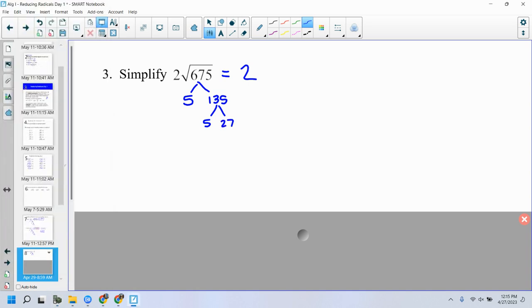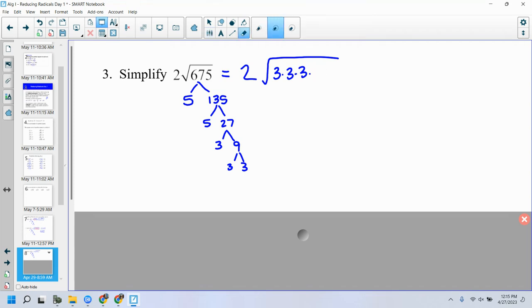So 5 and 27. Now that one I can see. That's 3 times 9. That can't be divided by 2, but it can be divided by 3. And then 9 can be divided up into 3 and 3. So our prime factorization is, I like to keep them in order, 3 3s and 2 5s.